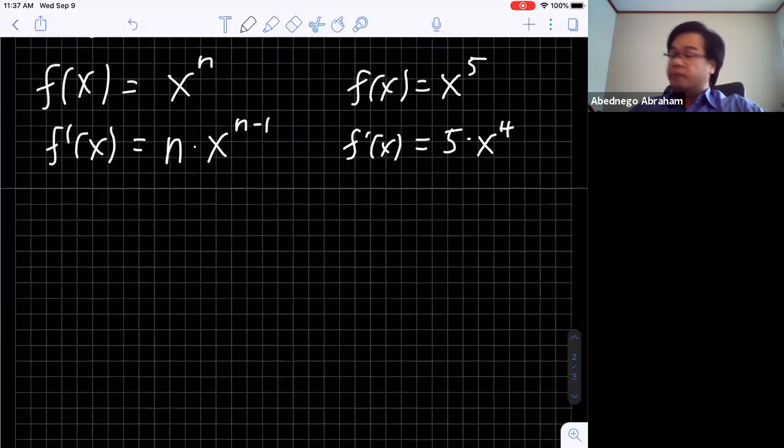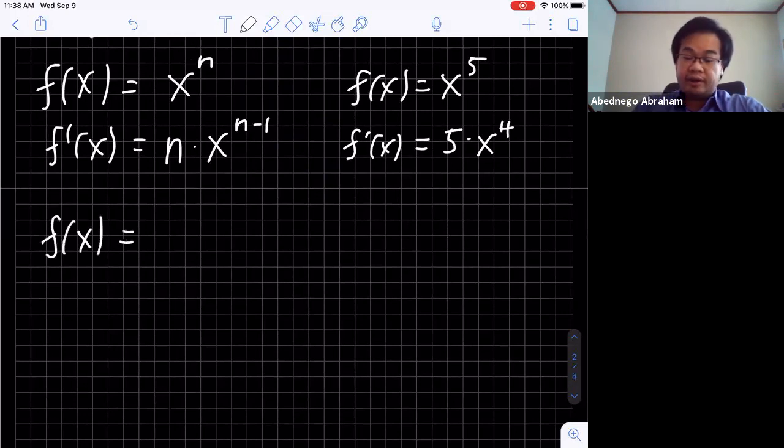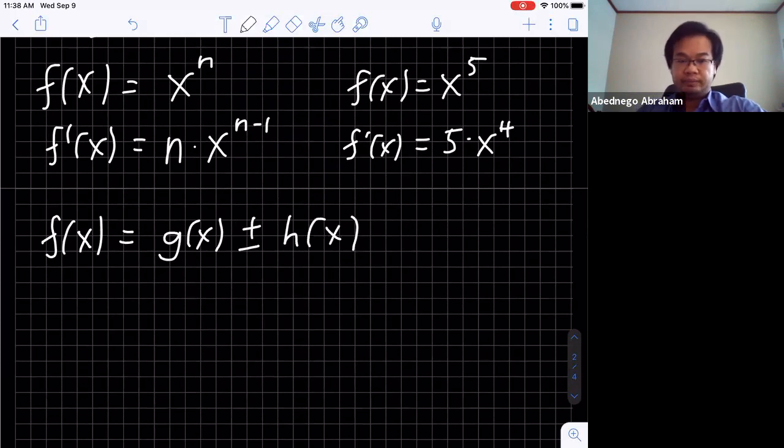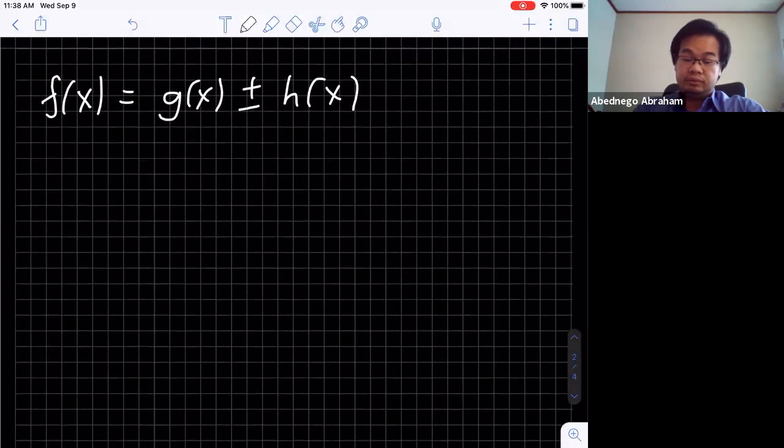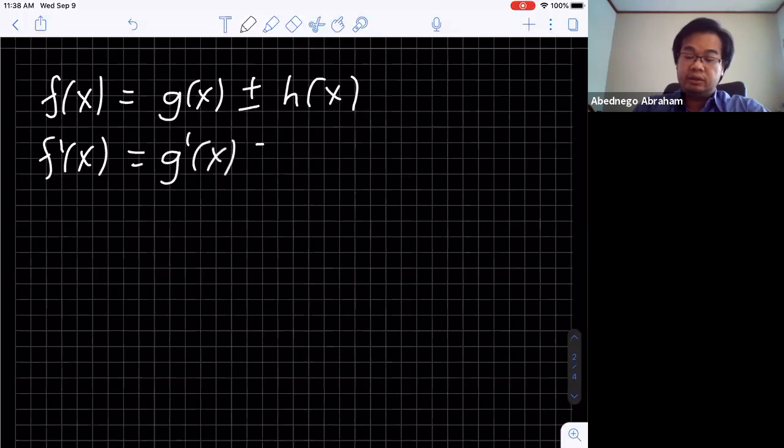Now, I'm going to add some properties. I'm going to add 3 properties that always work for the derivative. Now, if you have an f(x) which is an addition or subtraction of 2 other functions, then basically the f prime of x is also the addition or subtraction of the derivatives of both functions.